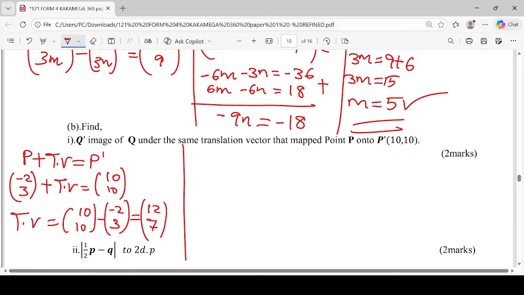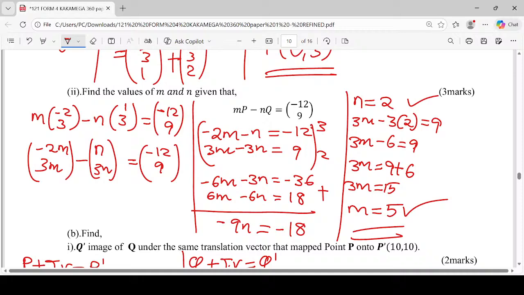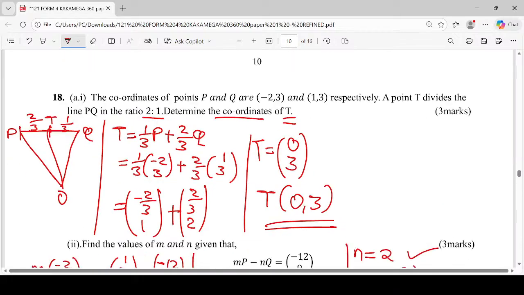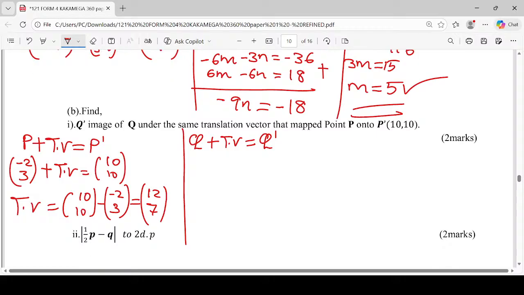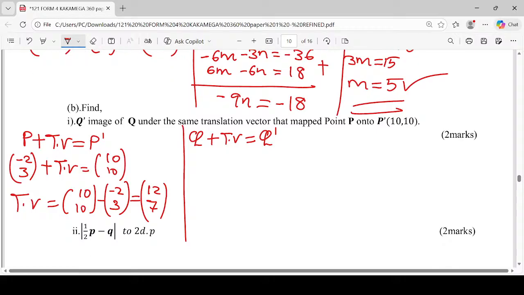After getting the translation vector now, they want the image Q prime of Q. What I know, when you take Q plus the translation vector, it should give you the image Q prime. So our Q in this context, learners, we had been told it is 1, 3. So we are going to do substitution here. 1, 3 plus the translation vector 12, 7. This should give you the image Q prime.